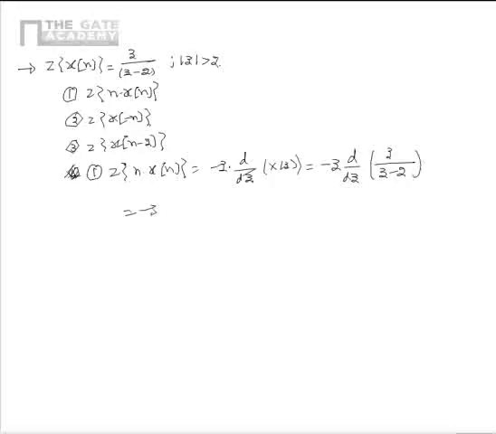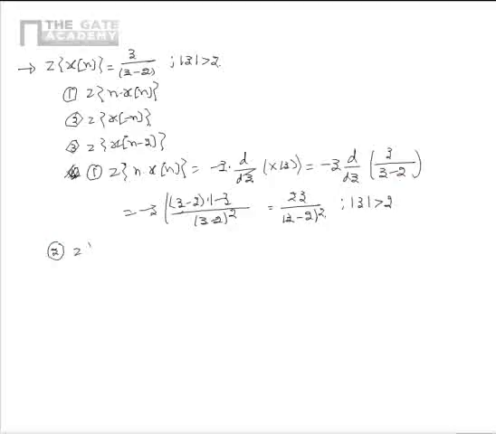This upon simplification becomes minus z multiplied by z minus 2 whole square, z minus 2 into 1 minus z. This is equal to 2z divided by z minus 2 whole square. Also, the ROC remains as mod z greater than 2 itself in this case.